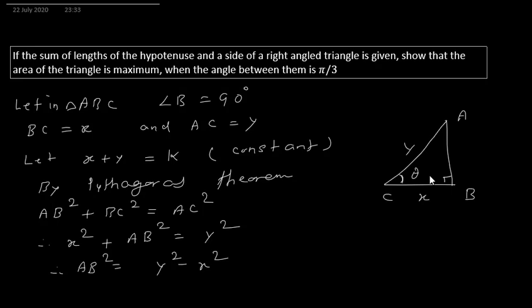Now the value of y I can have from here, y is k minus x. So AB square is k minus x the whole square minus x square. We got the value of AB square.